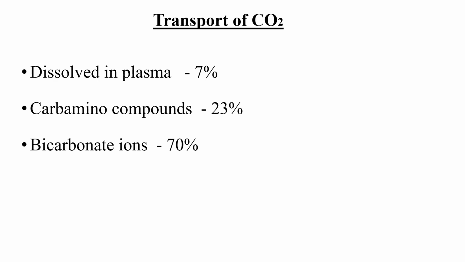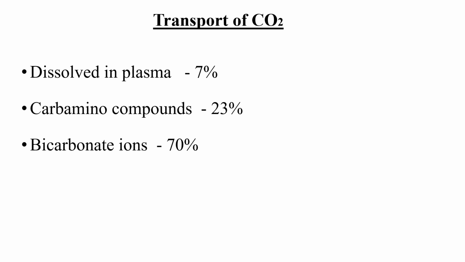Around 7% of the carbon dioxide is dissolved in blood plasma and thereby transported. In carbamino compounds, around 23% of the carbon dioxide combines with amino groups of the amino acids and proteins in blood to form carbamino compounds.